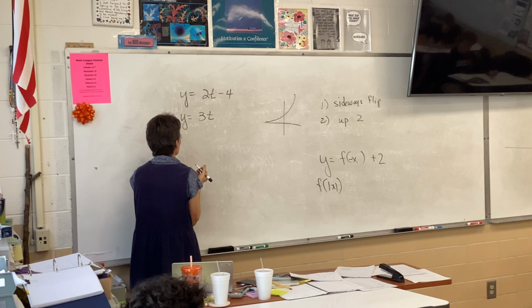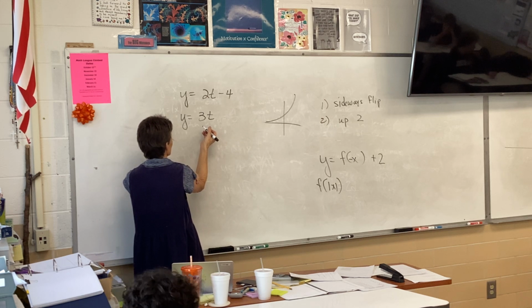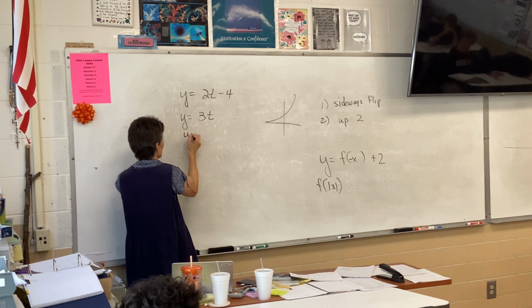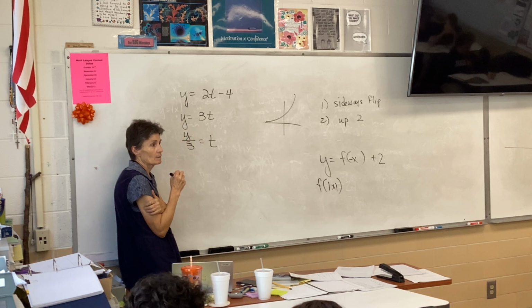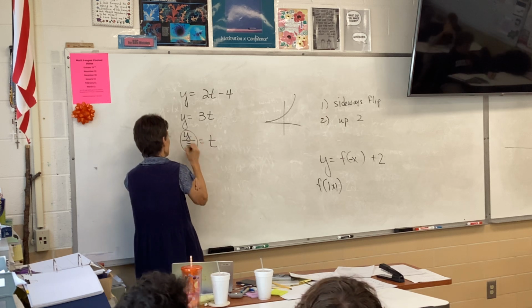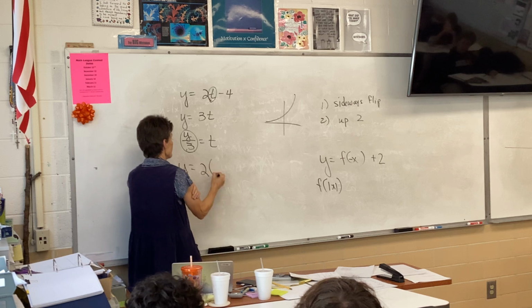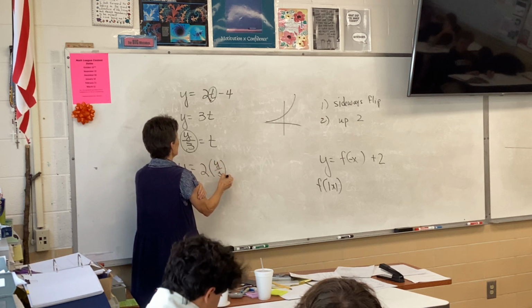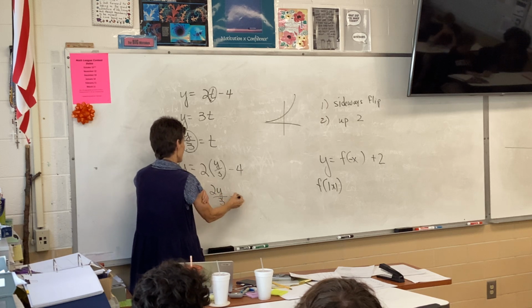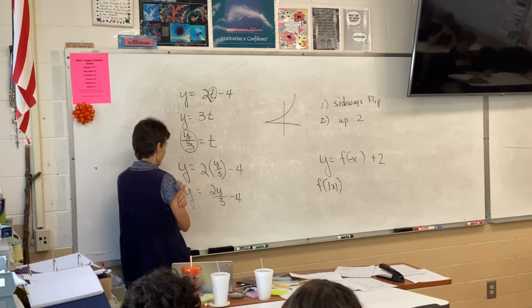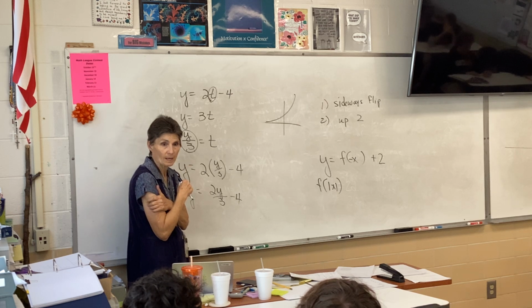Try to get t by itself. Probably I'd go down here and say t equals y over 3, and then take this and put it here. So x equals 2 times y over 3 minus 4, so 2y over 3 minus 4. Done.